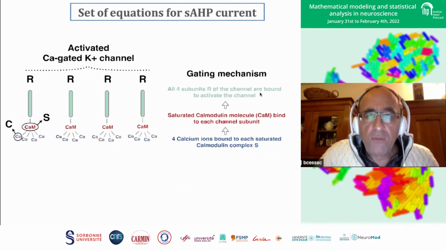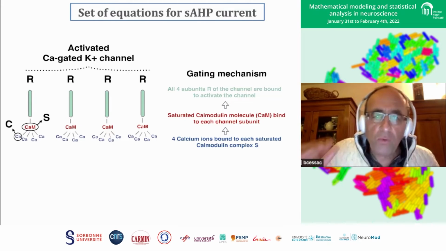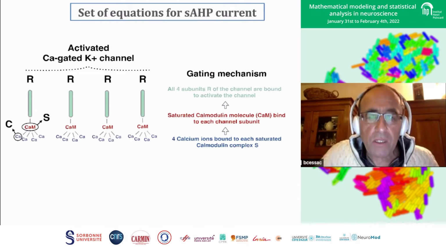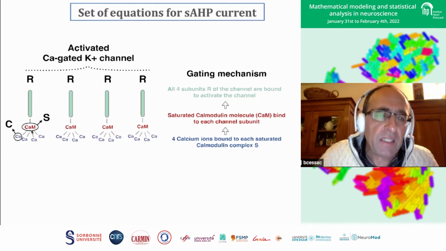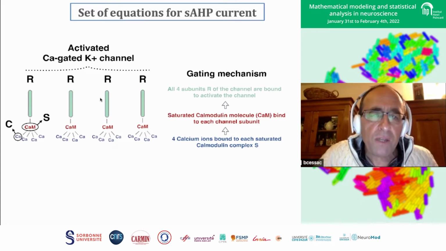So concerning the slow after hyperpolarization current, it's due to calcium dynamics. When the voltage of the cell increases, you have calcium entering into the cell. And I think Christophe spoke about that yesterday. When you have 4 molecules of calcium sticking on what is called calmodulin, you make a saturated calmodulin, and this saturated calmodulin will fix on terminals, and when 4 terminals are bound, you open a channel.